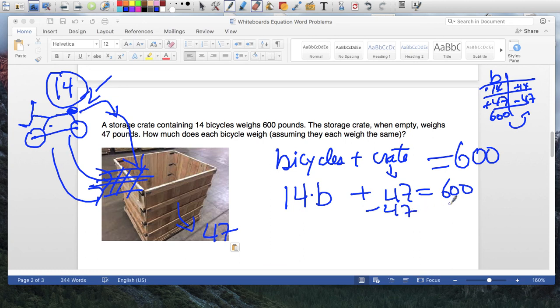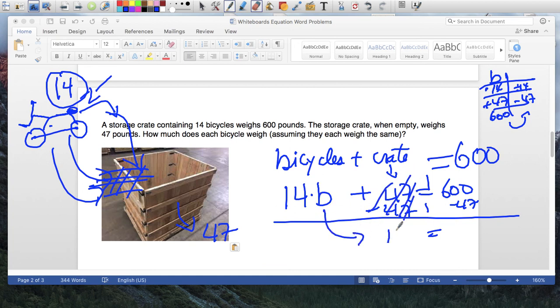So minus 47 here, minus 47 here. And we got that this is 0, so 14B comes down. And this becomes 553. Alexa, what's 553 divided by 14? 553 divided by 14 equals 39.5.